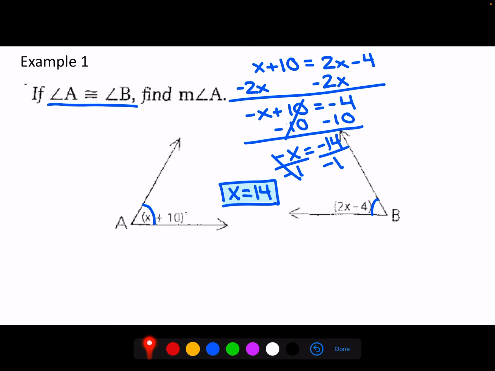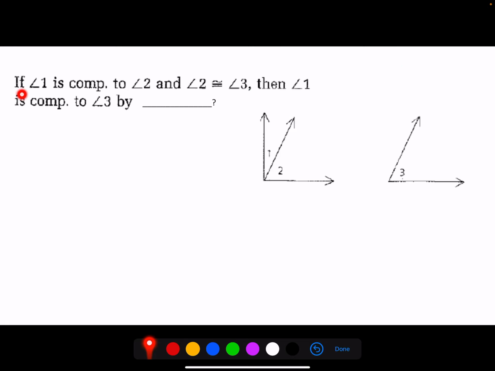Next up, if angle 1 is complementary to angle 2, which means that they add to be 90 degrees, and angle 2 is congruent to angle 3, so these two angles are congruent, then angle 1 is complementary to angle 3 by what?